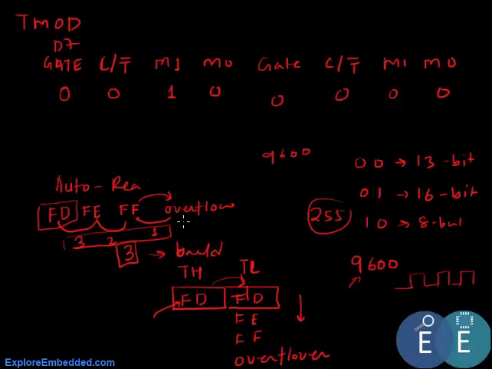Now from this discussion you should remember what the values of TMOD should be. TMOD should be 0x20, and we should turn this on. Before we turn it on, we should load TH as 0xFD. Sometimes it is written as -3, so you can do that.